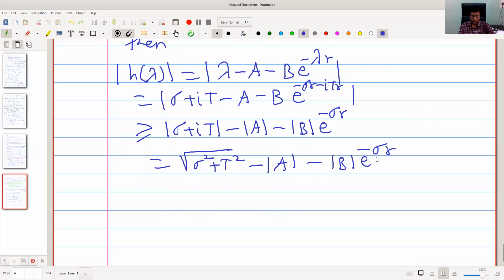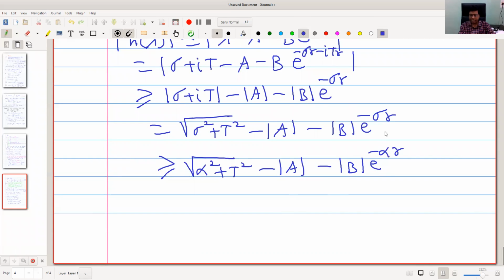So this thing is greater equal square root alpha square plus t square, minus mod a minus mod b e raised to minus alpha r, where I can replace sigma by alpha. I'm explaining how we can replace this sigma by alpha. Here I am replacing by alpha, here also.